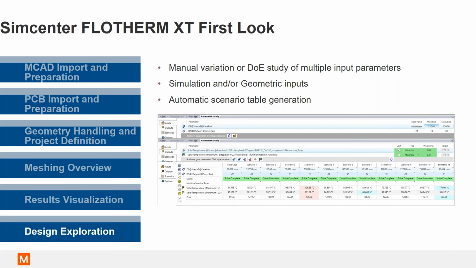In FlowTherm XT, we can create manual variations or design of experiments studies of multiple input parameters. We can vary simulation or geometric parameters automatically, create a table and then solve. And at last, you can visualize the results of this generated table. And that's what we're going to do in the tool right now.